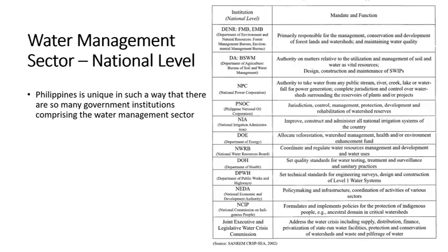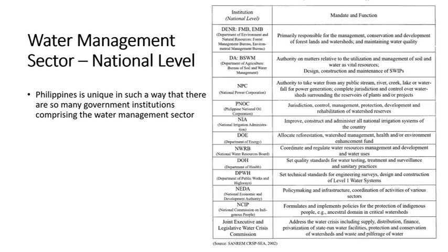NPC has the authority to take water from any public stream, river, or any body of water for power generation. Okay, so they have complete jurisdiction over the watersheds that surround the reservoir plants or projects. So again, this is quite overlapping with the role of DNR, who is supposed to manage the watersheds.